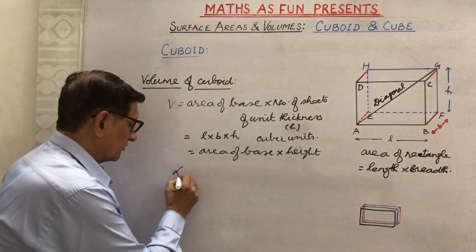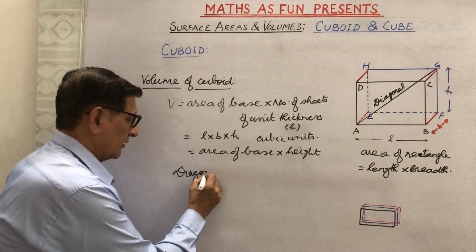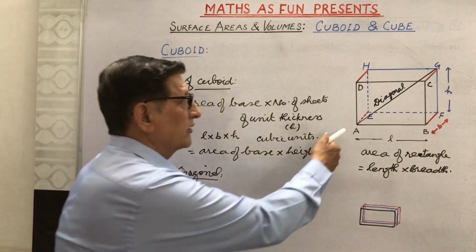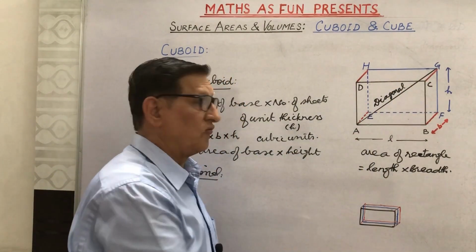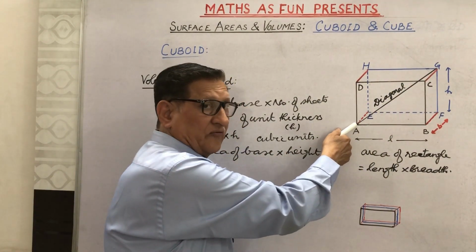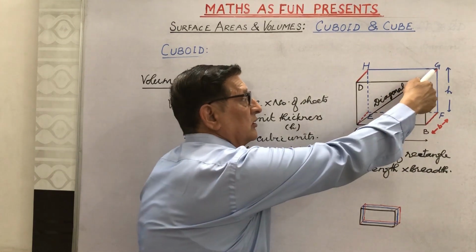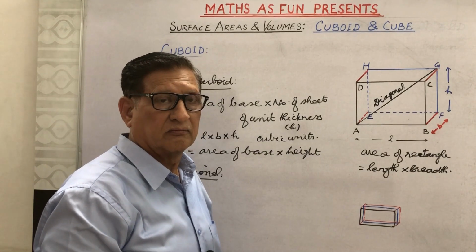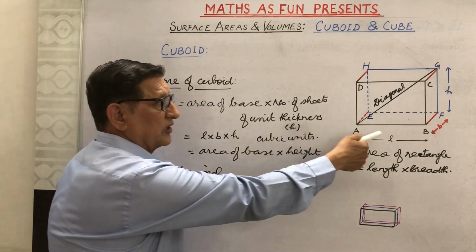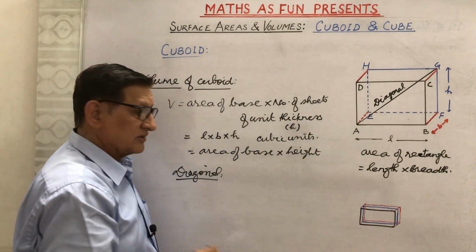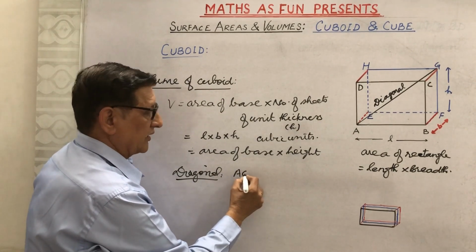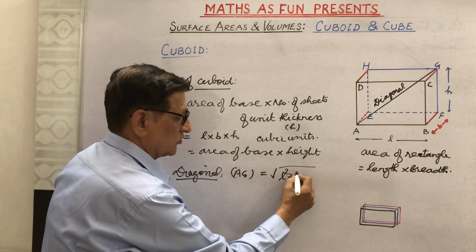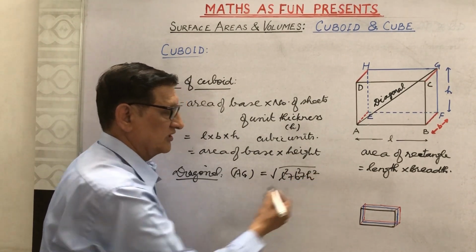Now the diagonal. Actually, the diagonal of a cuboid is like here AG. One corner of one face joined to the corner of the other face. And if the dimensions of the cuboid are L, B and H, then the length of the diagonal like AG will be given by root of L square plus B square plus H square.